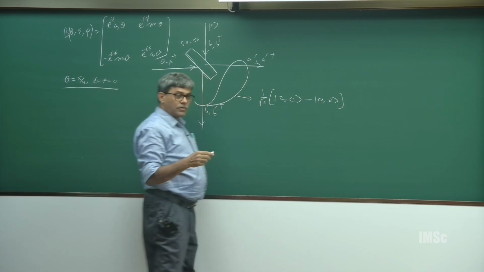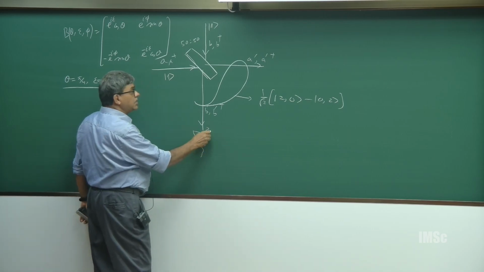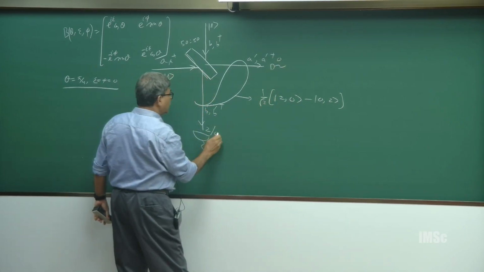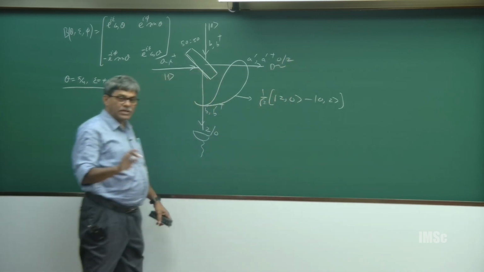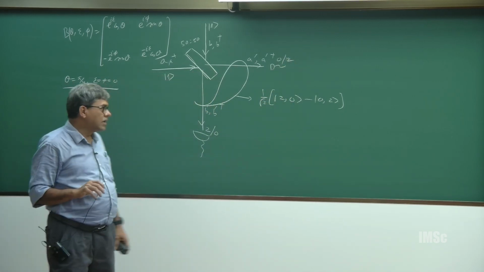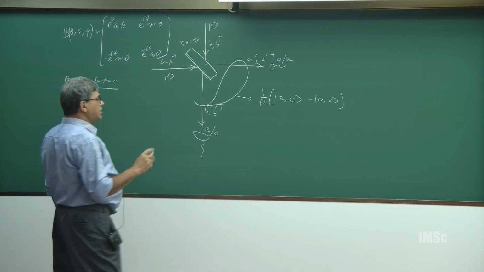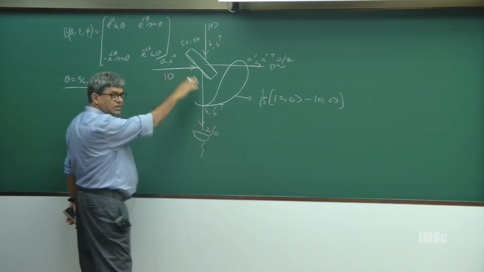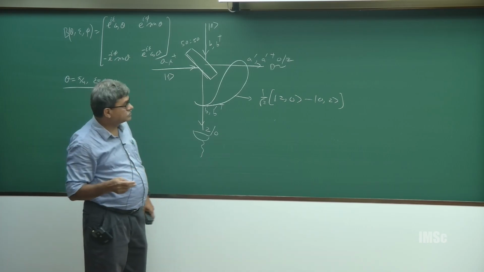So, therefore, if you put detectors here, then either 2 photons come here and 0 photons, or you will have 0 photons and 2 photons. There is nothing else you can get to see. So, this result we got through the rules of quantum theory. Question is, how will I interpret it?